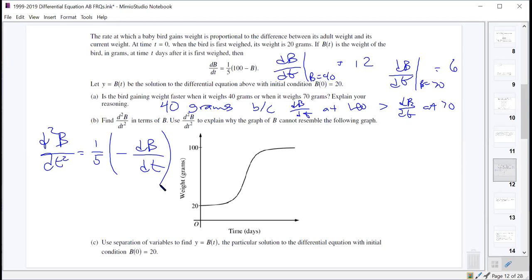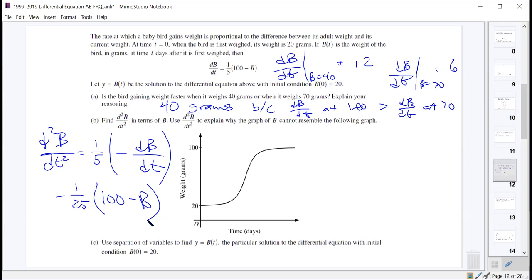Everybody okay with that? And then we have to replace the dB/dt with the original dB/dt. So we end up with a negative 1/25 of 100 minus b. Everybody good with that? Because when we take the derivative of negative b, we get negative dB/dt. Everybody good there?